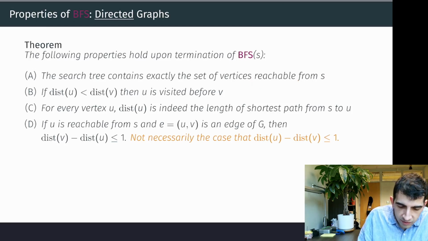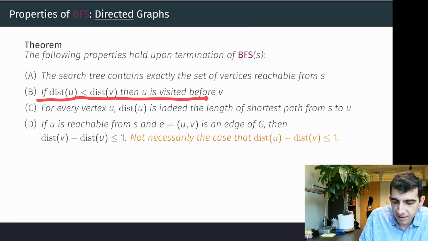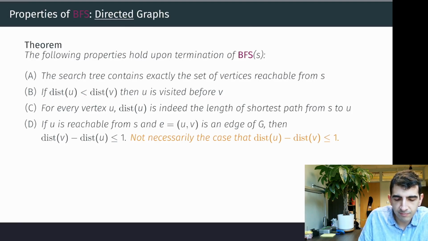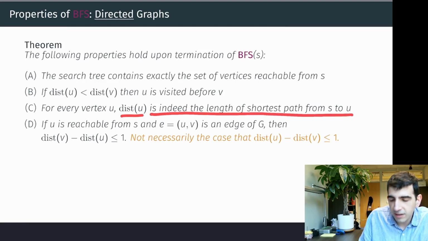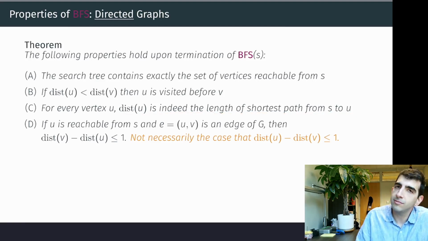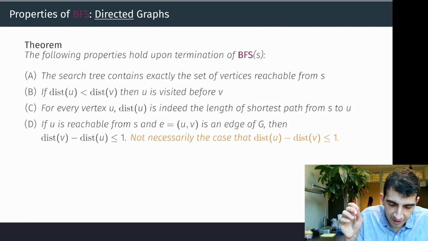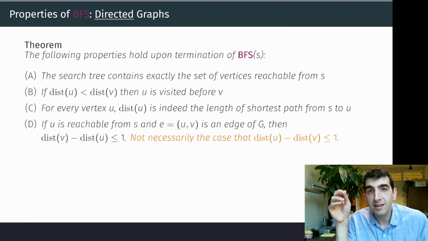And then property B is the same: if the distance to U is less than the distance to V, then U is visited before V. That's self-explanatory. And for every vertex U, the distance to U is the length of the shortest path from S to U in terms of number of edges. All that is exactly the same as the undirected case.